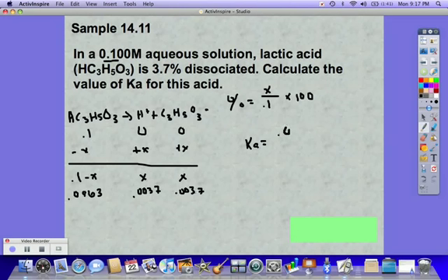So Ka is equal to 0.0037 squared over 0.0963. So our Ka is 1.42 times 10 to the negative fourth, so somewhere between 1.42 and 1.43.